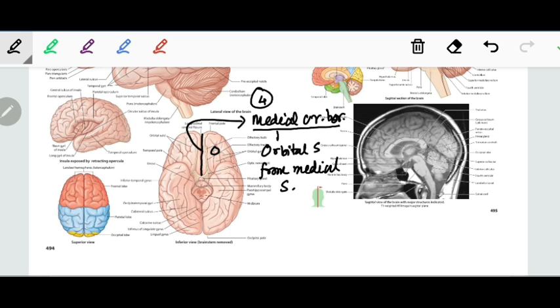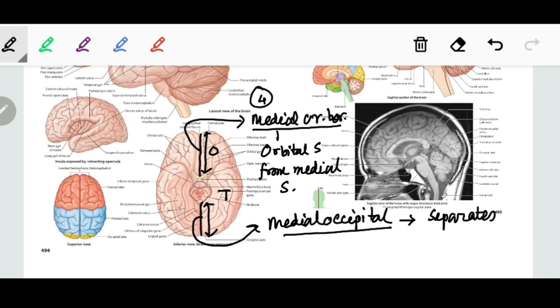Number 4. Number 5 is this one, the medial occipital border. The medial occipital border separates the tentorial surface from the medial surface.